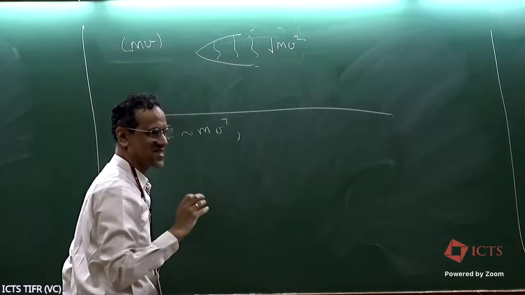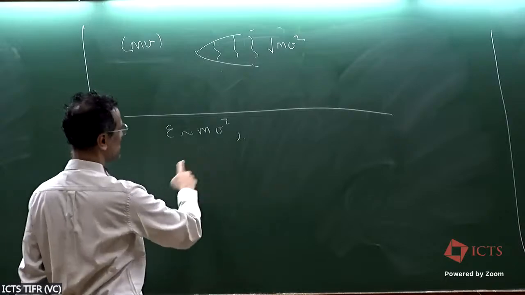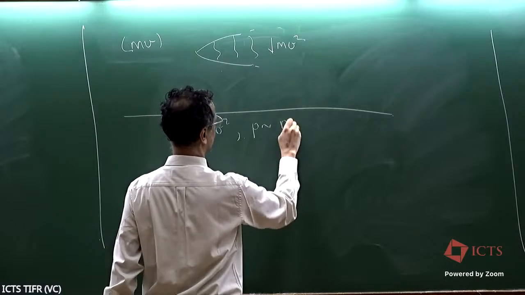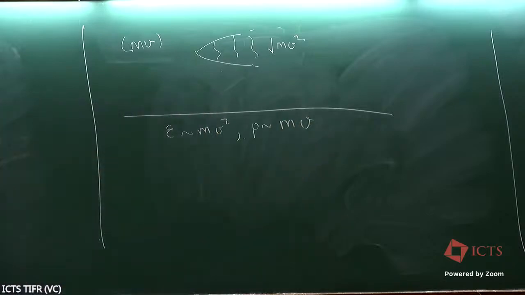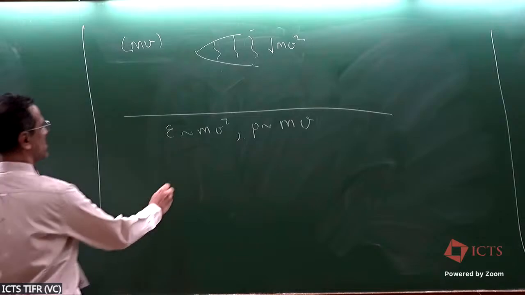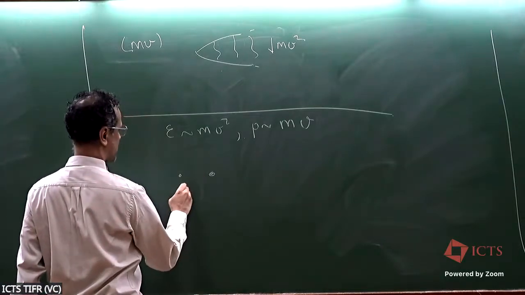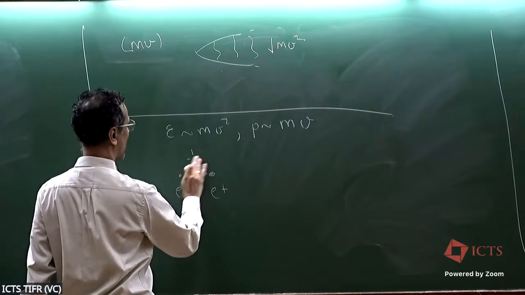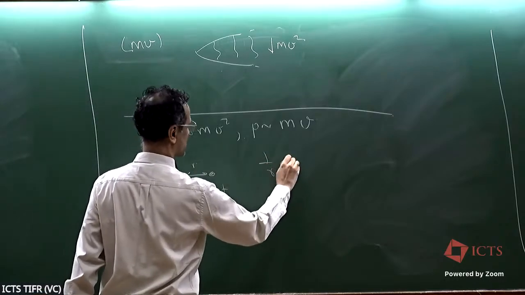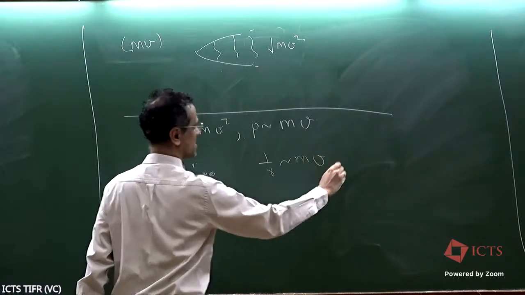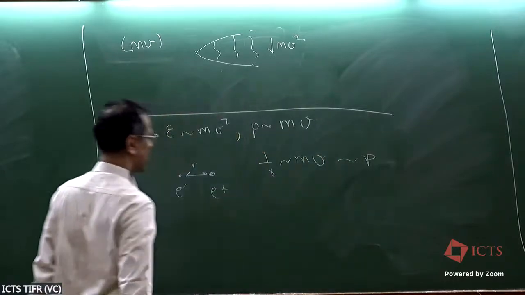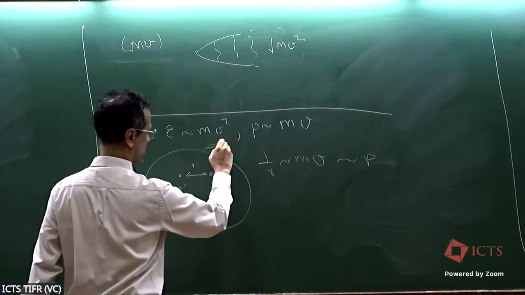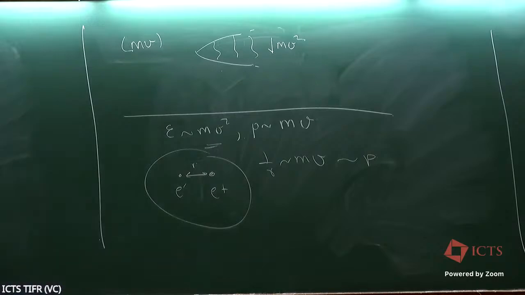I always say gluons, but the energies of these photons are order mv square, and the momenta exchanged are of the order of mv. And the reason is that you have an electron and a positron, which are separated by r. So 1 upon r is of the order of mv. That gives you the momentum, while the binding energy in the system is of the order of mv square, as we discussed.